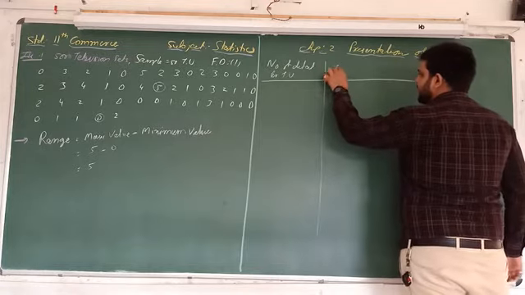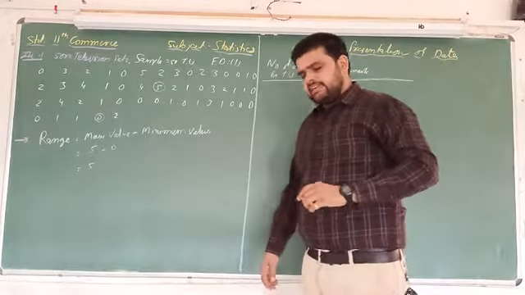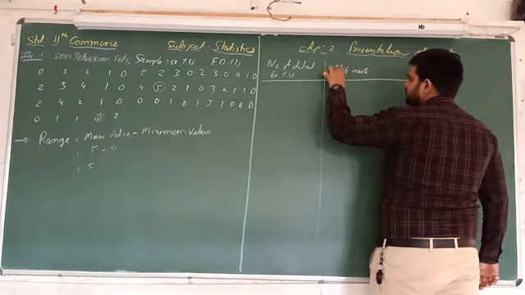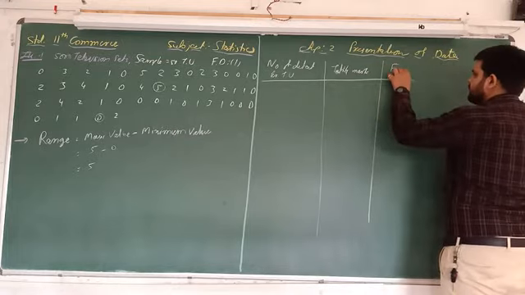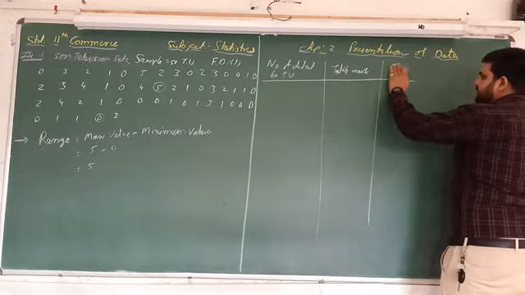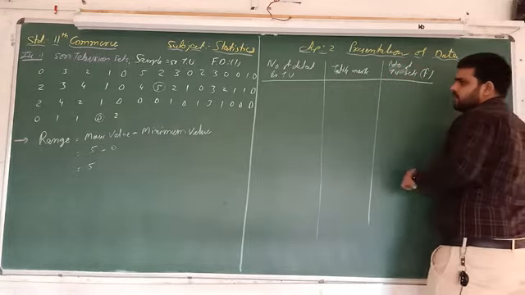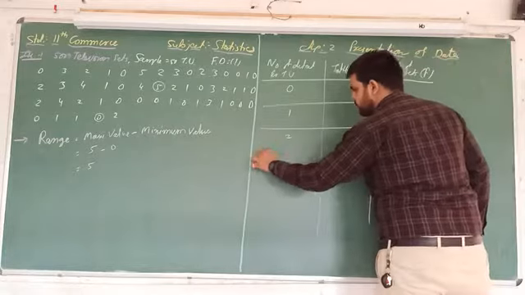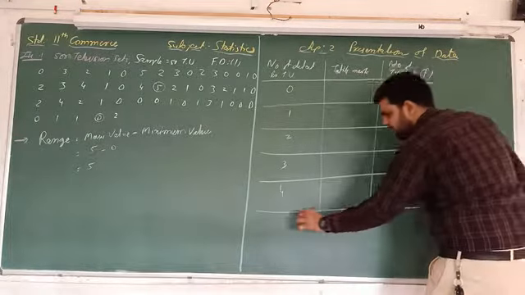Then after that the tally marks, the second column. And the third one is the frequency. The number of television sets means frequency, denoted as F. So here 0, 1, 2, 3, 4 and 5.